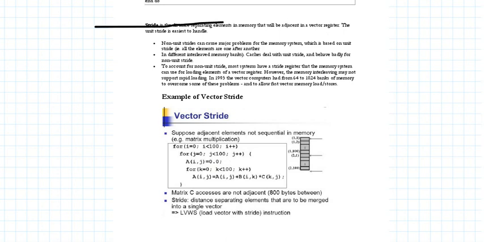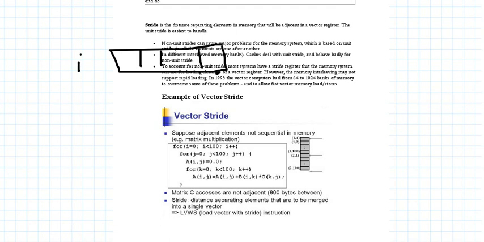Say this is your i vector, you have 100 elements here, and then you have j vector, you have 100 elements here.